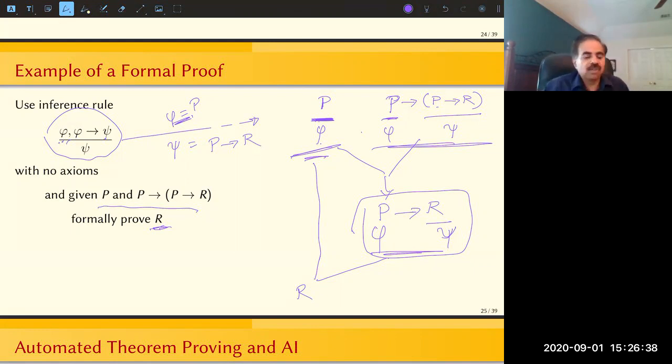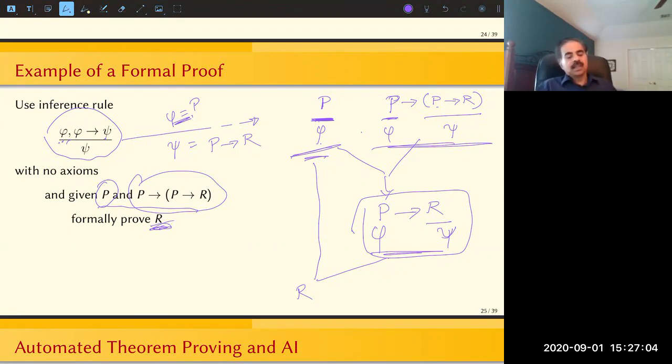So in general, a formal proof consists of starting with the information that's given to you, the formulas that are known to be true, such as P and P implies R, and then repeatedly applying the inference rules until you get to the statement of your theorem.